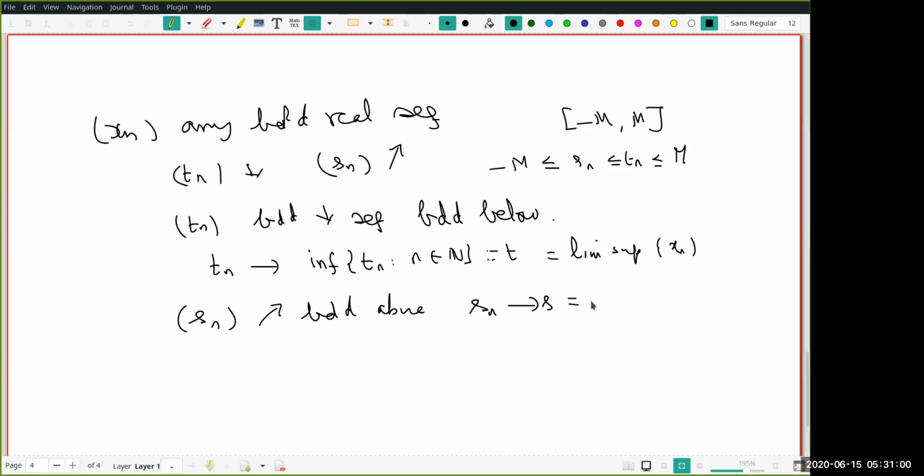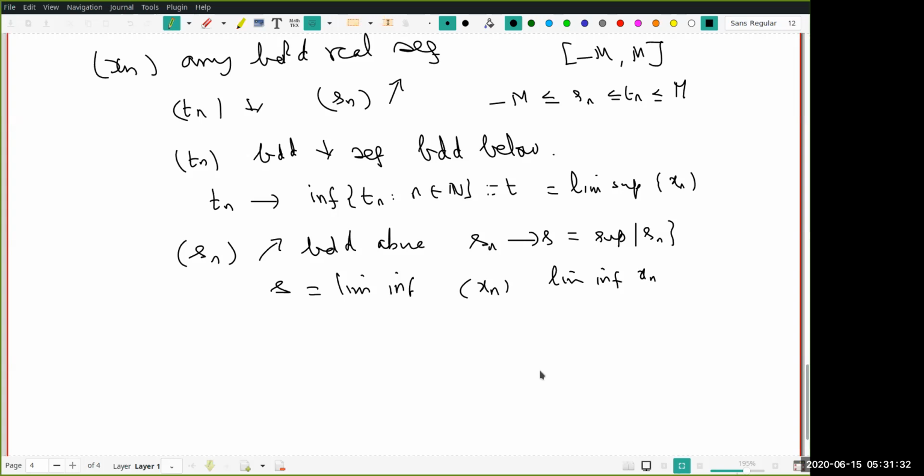It is nothing other than the supremum of the Sn's. If an increasing sequence is bounded above, we know it converges to the supremum of the terms. This S is called the lim inf of the sequence Xn. We will also write it as lim inf of Xn.